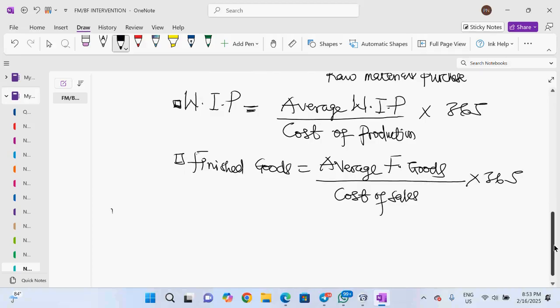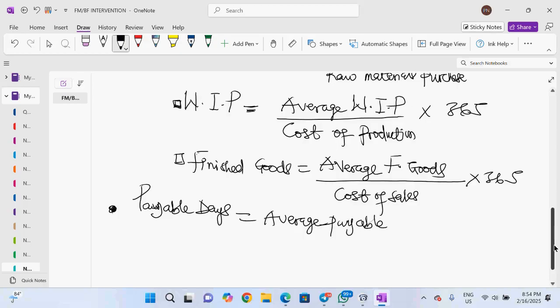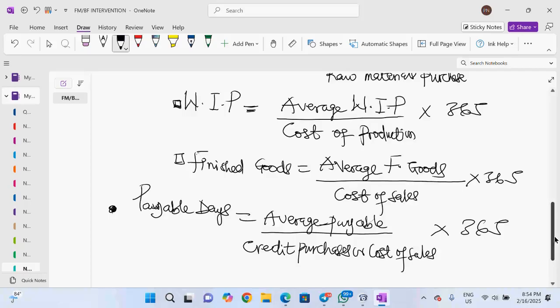Then we come to the payable days. The payable days is average payables over the credit purchases, or your cost of sales, times 365 days.